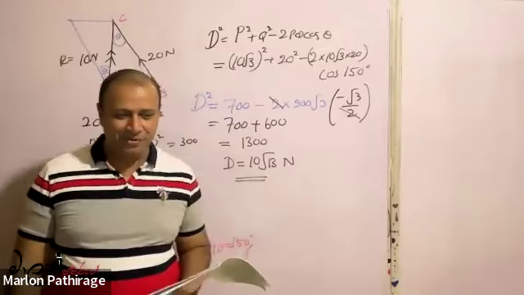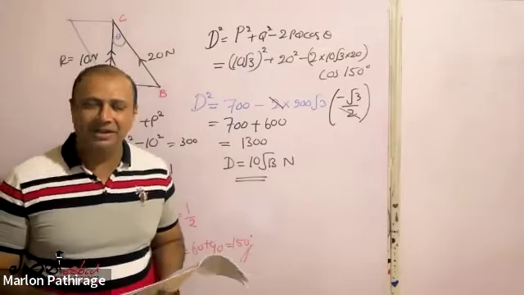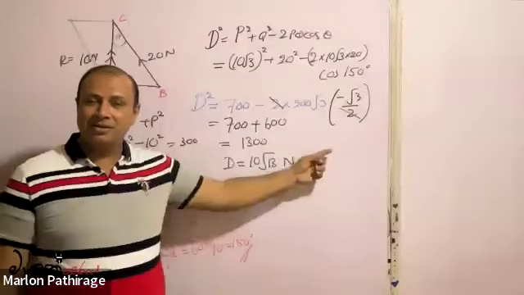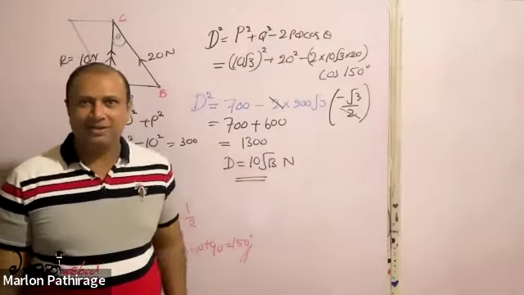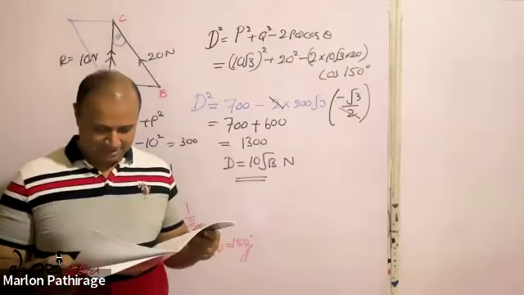No need to do any calculation; you have to remember 120. That can be determined using the 2P cos theta over 2 equation.